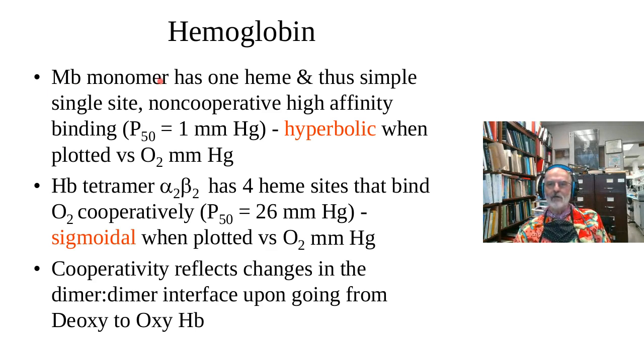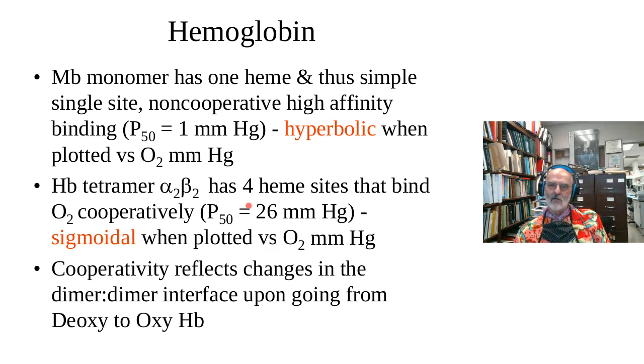Okay. The myoglobin monomer has one heme, and thus it's a single binding site. Oxygen binds non-cooperatively with relatively high affinity, 1 millimeter of mercury of partial pressure. So the binding is what we call hyperbolic when plotted versus O2. The hemoglobin tetramer has 4 heme binding sites.